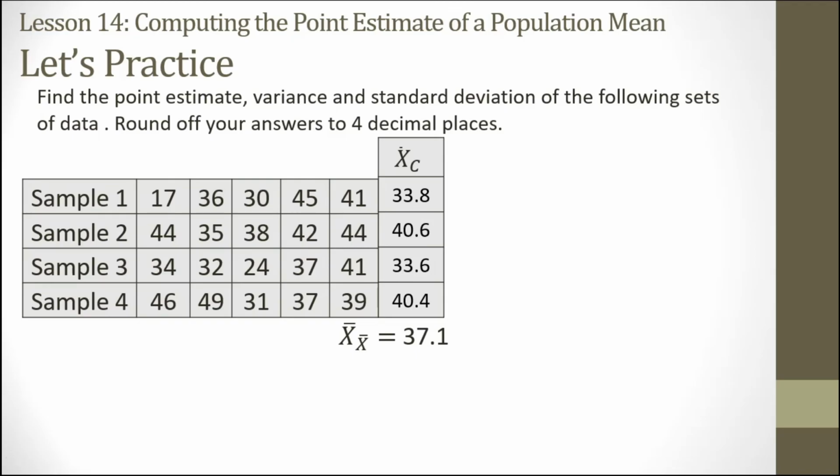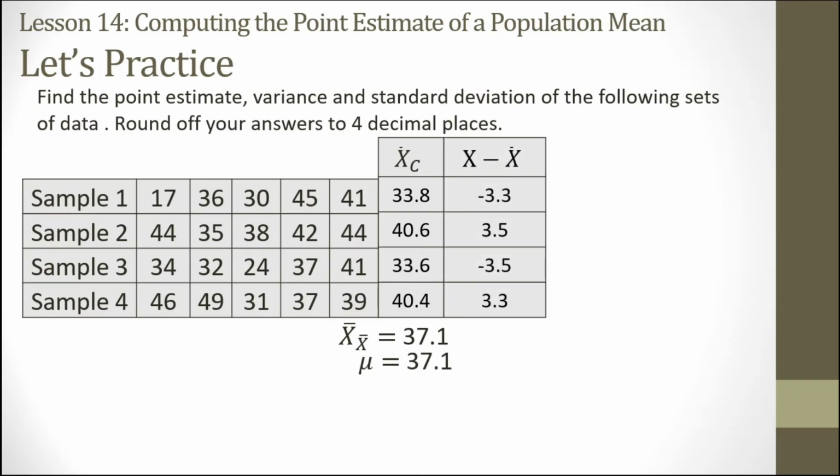Parehas ba? Okay, good. Next, paano natin kukumpitin yung variance? So, again, unang step. Ayan. Isusubtract natin yung nakuha natin dito sa 37.1. Isusubtract natin 37.1 mula sa nakuha natin. Okay?